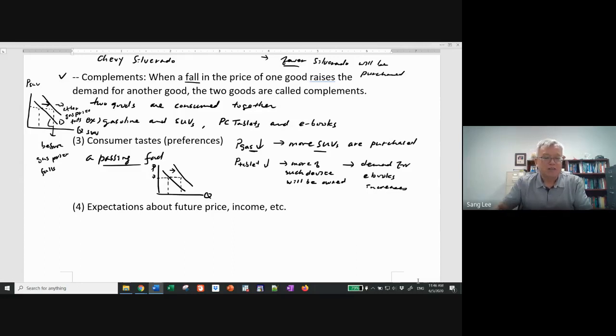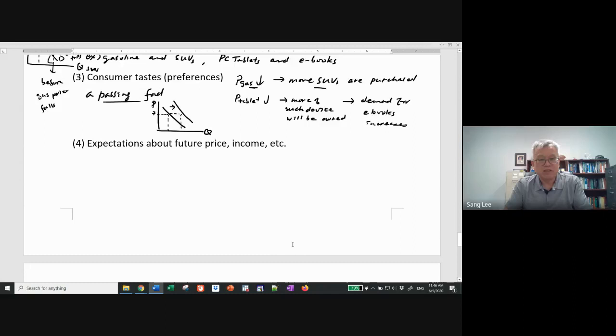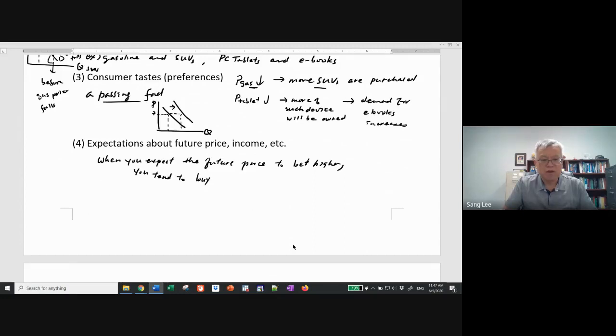Now, another factor that causes demand curve to shift: expectations about future price or income, etc. So what happens? When you expect the future price to be higher, you tend to buy more today before the price rises, right?